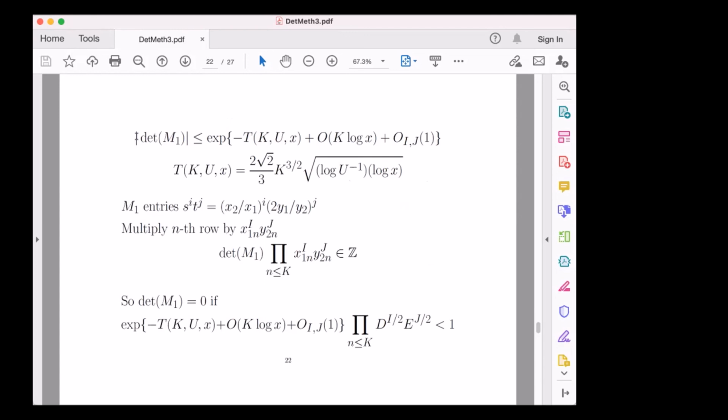And we're going to compare this Archimedean estimate for det M1 with the fact that since M1 has entries of this type with rational numbers with the denominators x1 and y2, if we clear those denominators, we're going to get an integer. So we'll conclude that the determinant is 0, provided that the product of this by this exponentially small thing is less than 1.